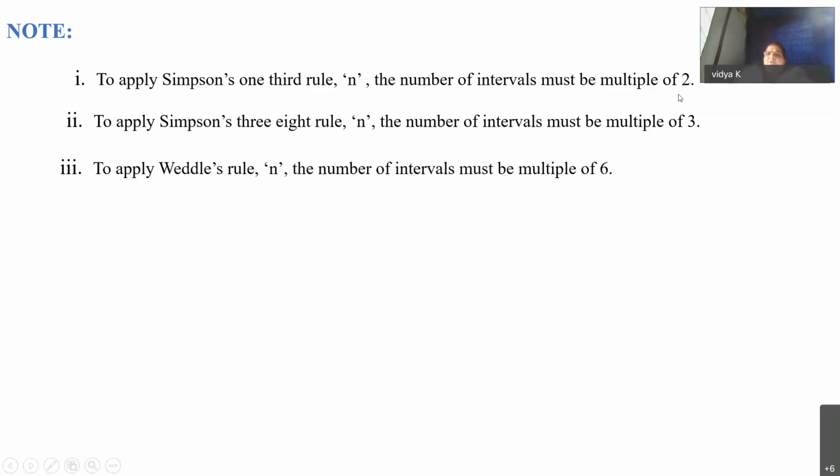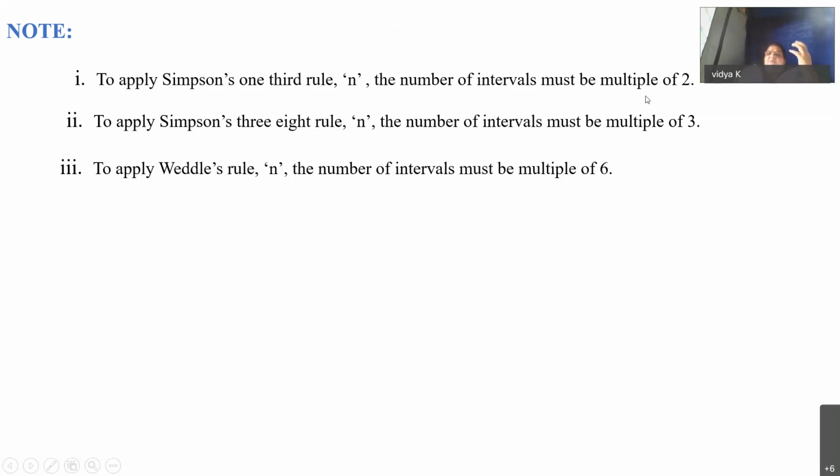Suppose you take 12. 12 is a multiple of 2, 12 is a multiple of 3, 12 is a multiple of 6. But among those you have to prefer Weddle's, because rather than Simpson's 1/3 rule, he has modified it to the 3/8 rule, and this method is modified to Weddle's rule. So Weddle's is the fastest converging or most accurate, it gives the best value.